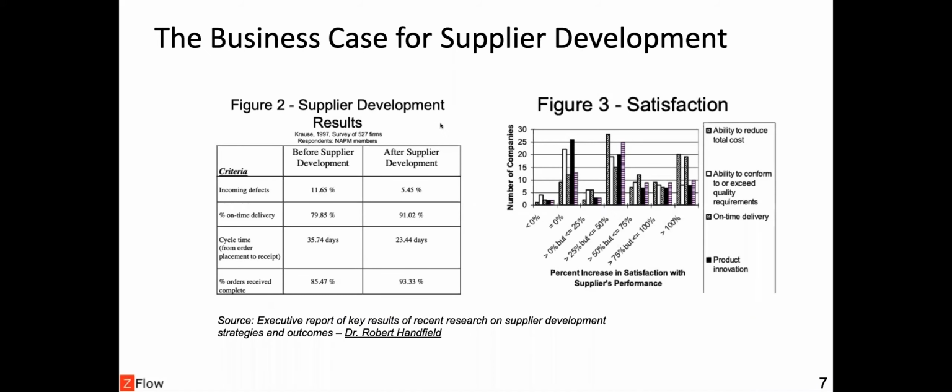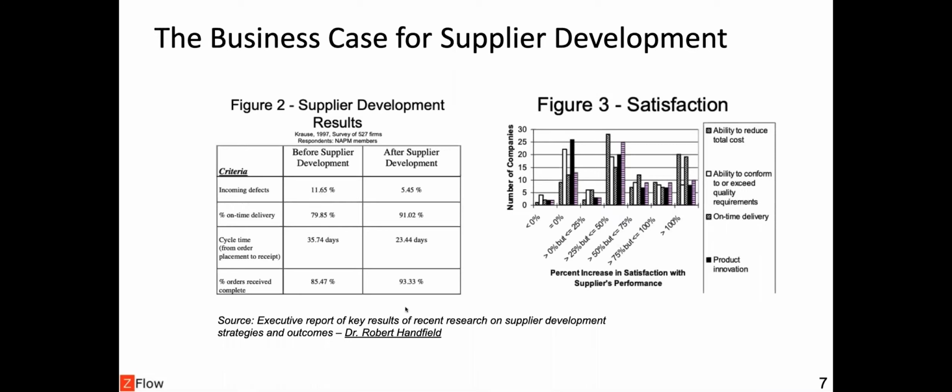And there is quite a bit of research. I think one paper, you can download this paper by Dr. Robert Handfield, and they have done quantitative research on this, where supplier development actually does influence and improve several of the key supplier performance metrics that you normally use to work with supply chains, right?